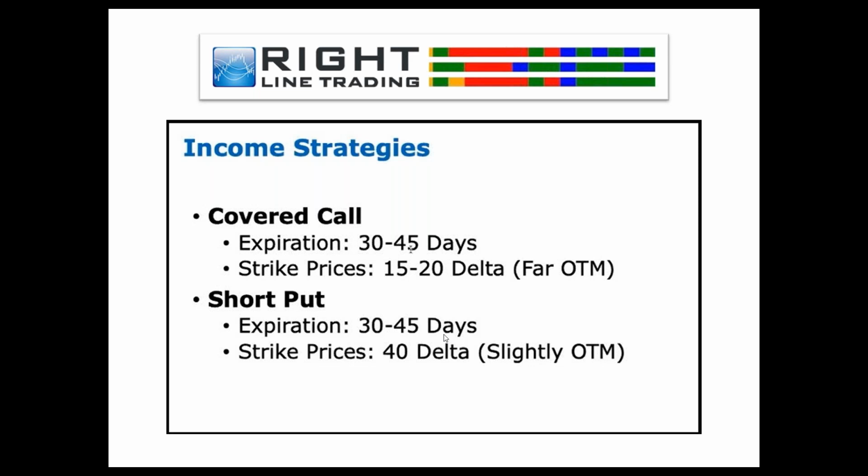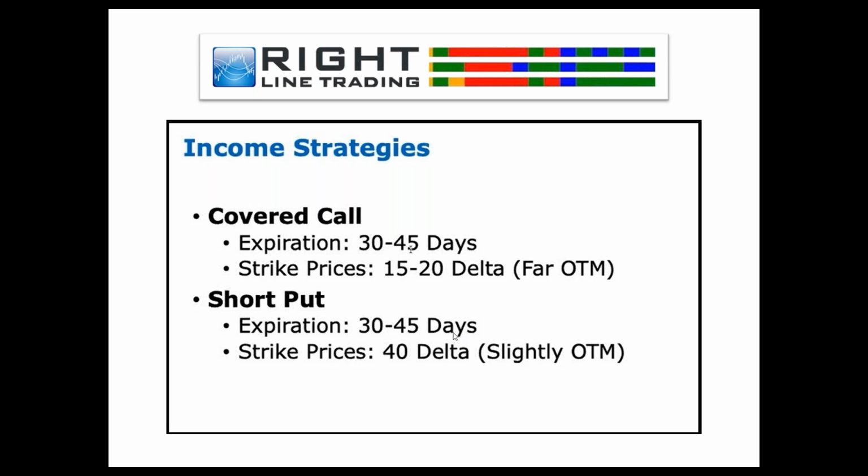Now, if you do this, and I used to do this all the time with Google, it's very, very risky. But because it's a short put, the expiration is still going to be 30 to 45 days, because your strategy here is you want to own the stock, but you want to own it at a cheaper price.